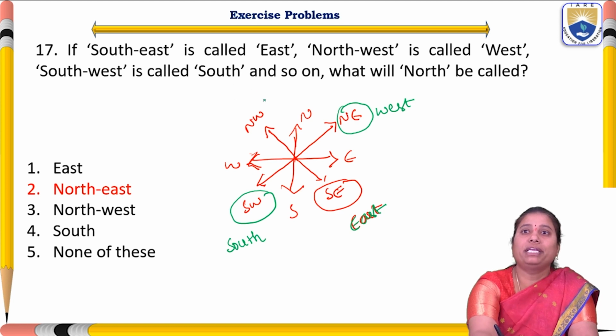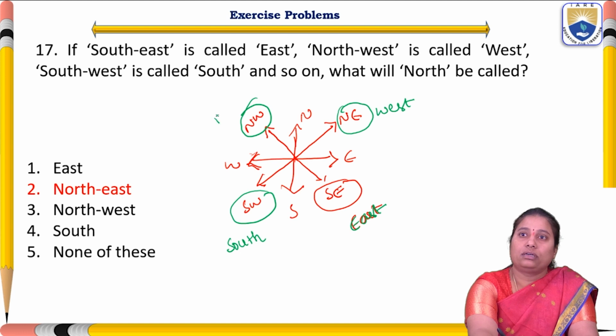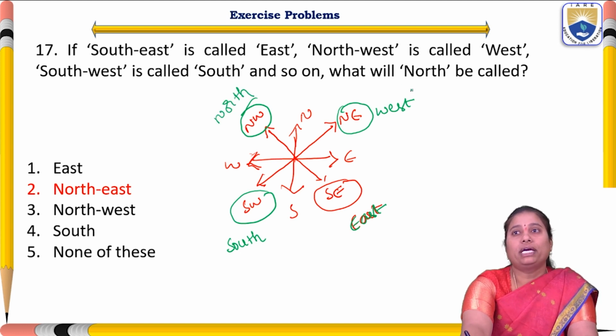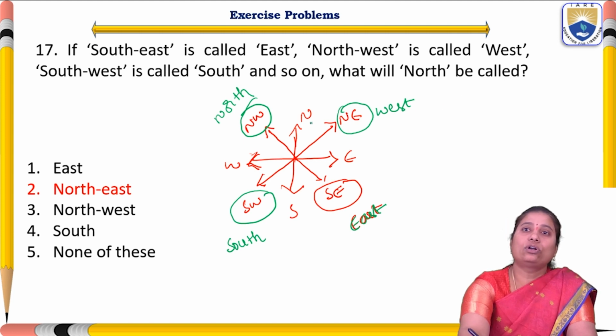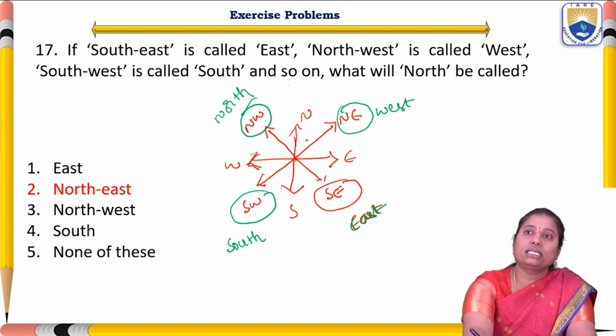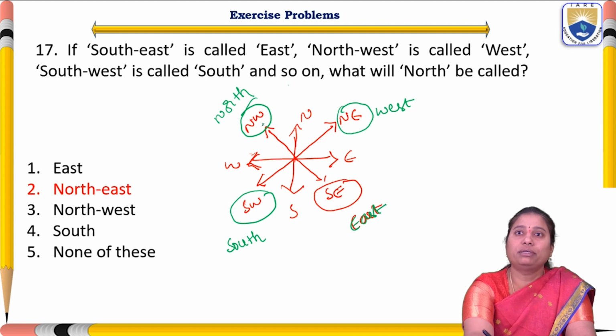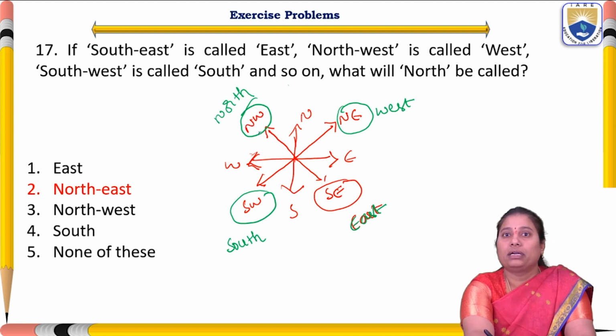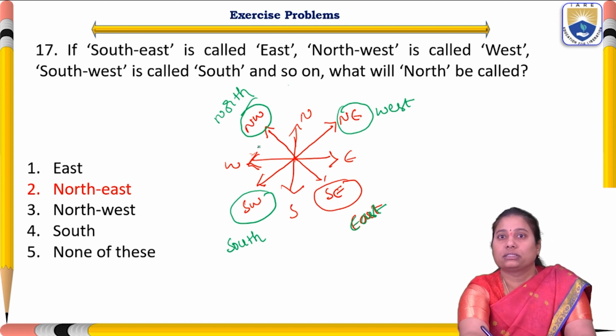Which means the remaining northwest will be the north. What will north be called? Actually north will become northwest. But which one will be called north? It is between northeast.